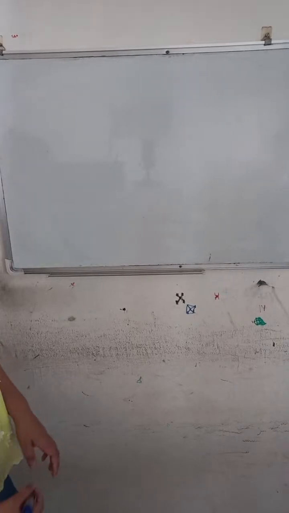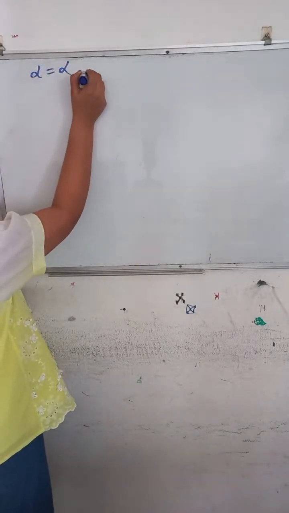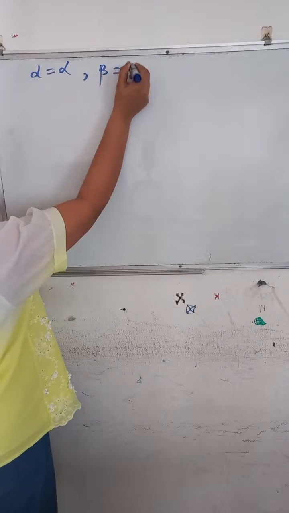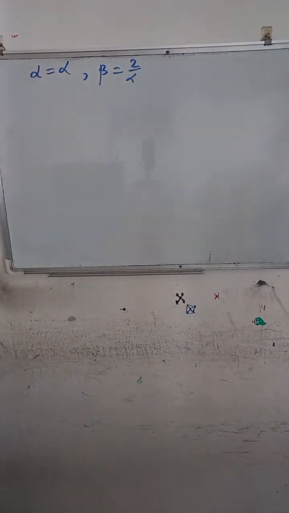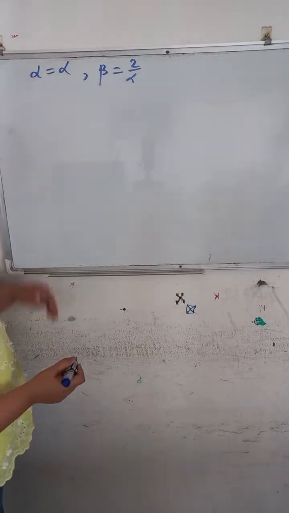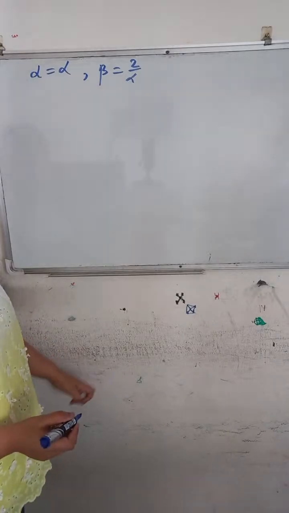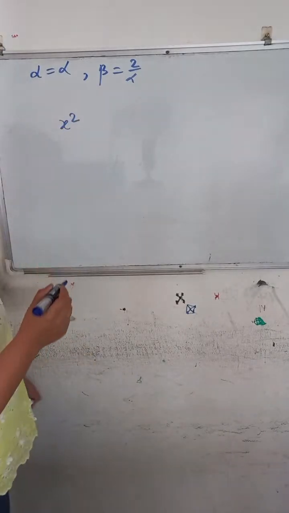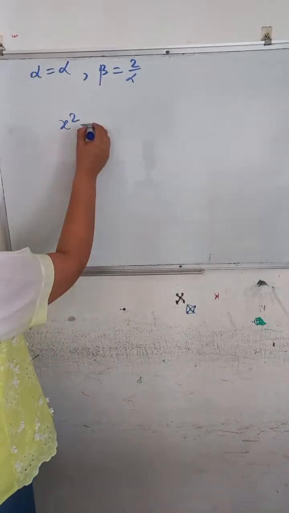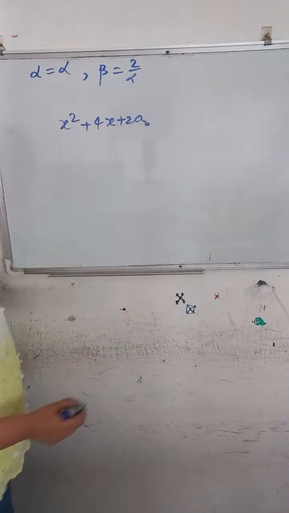Okay, actually here they are saying alpha is equal to alpha only and beta is equal to 2 by alpha. This is the meaning of the given question. One zero is alpha, then another zero is 2 by alpha. And here the quadratic equation is given, x square plus 4x plus 2a, and we have to find out a.